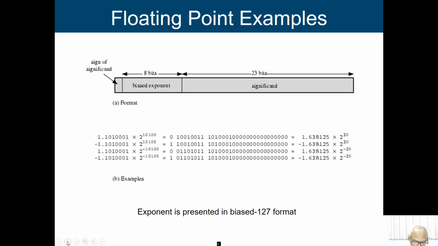Now this is a simple example, just to show how we are going to represent it. Say we are going to represent 1.638125. Then you can see that this 0.638125 is nothing but this part.